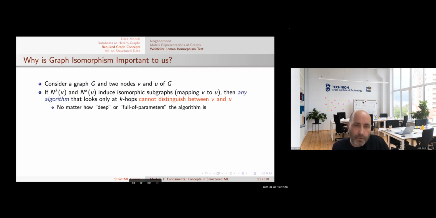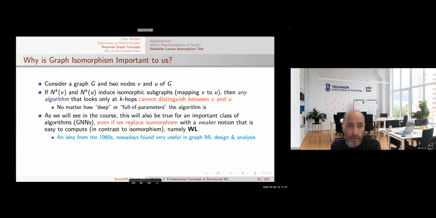Well, that's obvious, right? The algorithm sees the same thing. It gives us the same answer unless there is some randomization and so on.